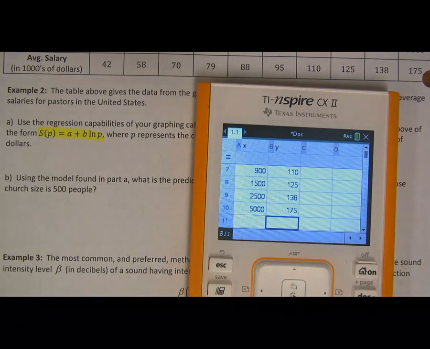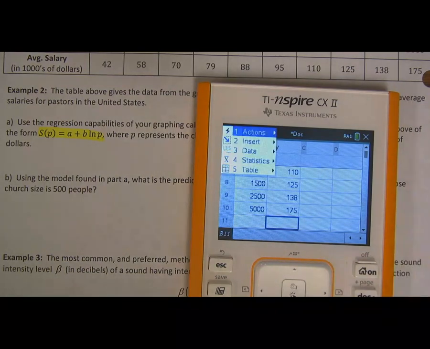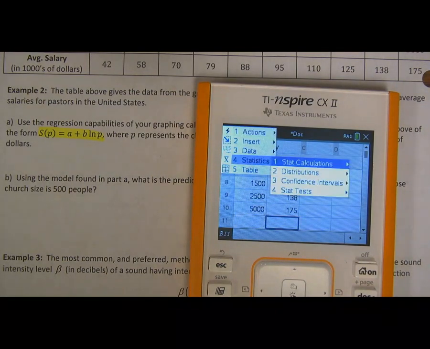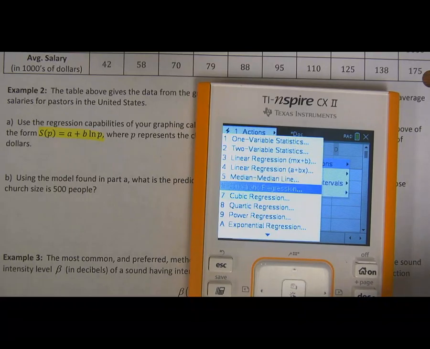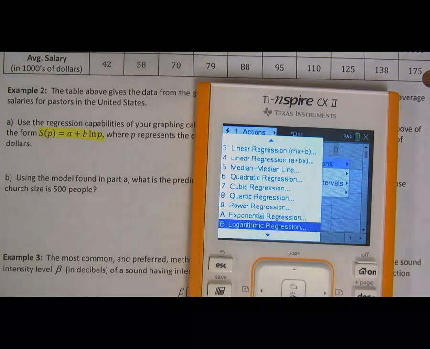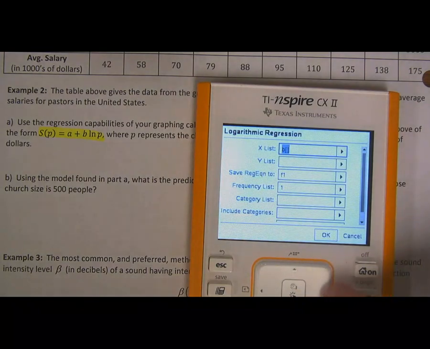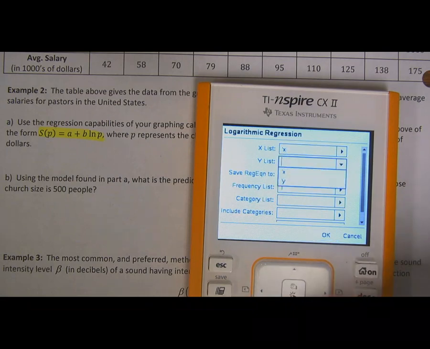Now you're going to run a logarithmic regression. Menu, statistics, stat calculations. You're going to have to arrow all the way down to B, logarithmic regression. As usual, you'll have to tell your calculator what you titled the X and Y columns.